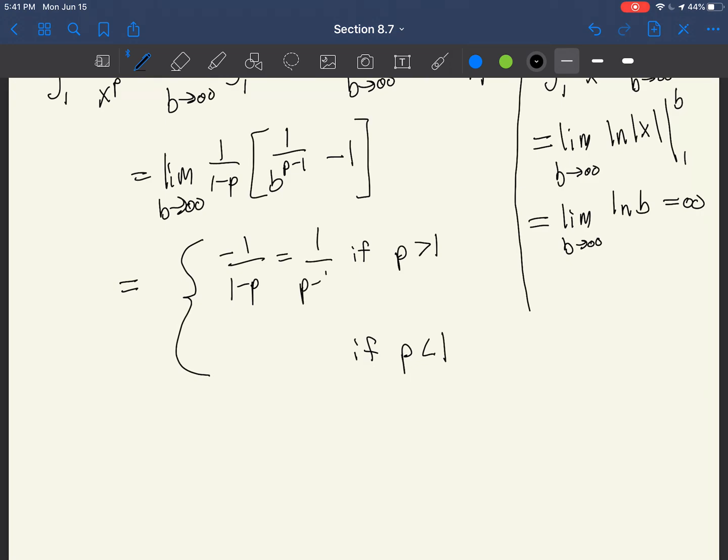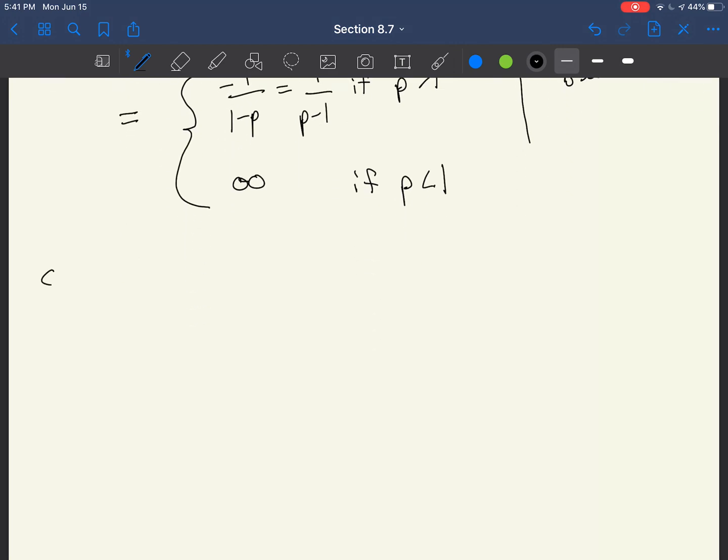So we would get negative 1 over 1 minus p, which is generally written as 1 over p minus 1. But if p is less than 1, then p minus 1 is negative. So really this is 1 over b to some negative power, which is b to some positive power. So as b gets large, this whole quantity will get large. In other words, that's infinity.